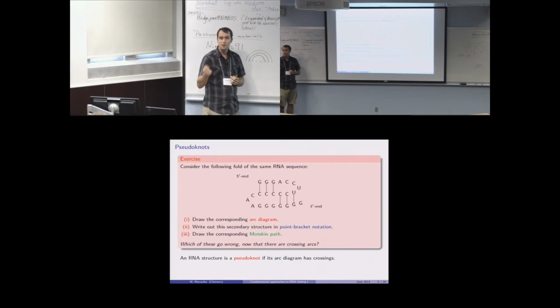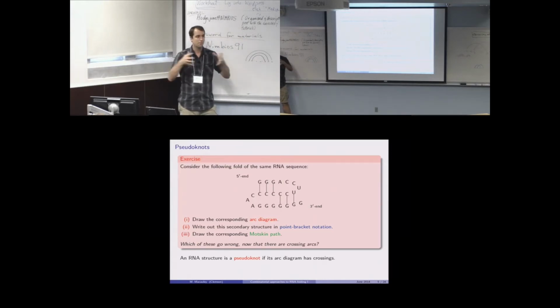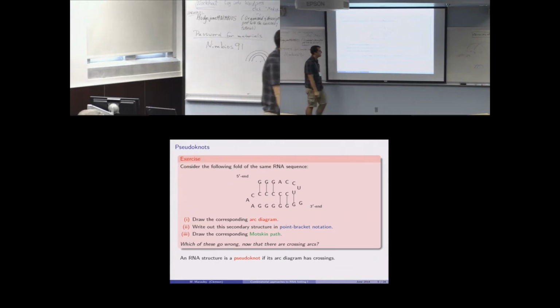But then if you give that point bracket notation to someone else and say reconstruct it, you might not get the pseudoknot. They might reconstruct a secondary structure. So once you get into pseudoknots, you don't have this one-to-one correspondence between structures and notations. Now you have a many-to-one map.